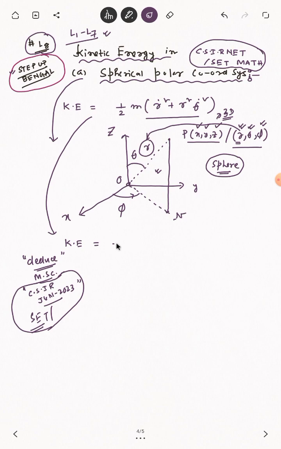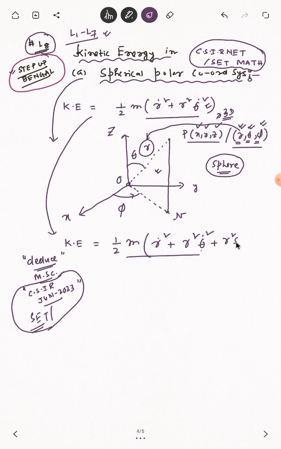So kinetic energy half and m will be as it is. Here this r dot will remain the same, that means r dot square. But look at the beauty: here two angles are given, and the second quantity, r square theta dot square, will be there, but this will cover only one angle. We have to introduce another angle, so we replace r by r sine theta.